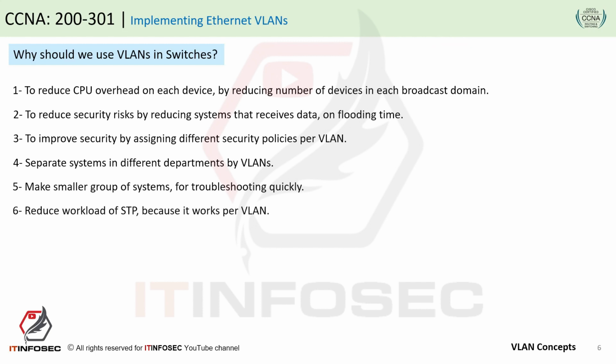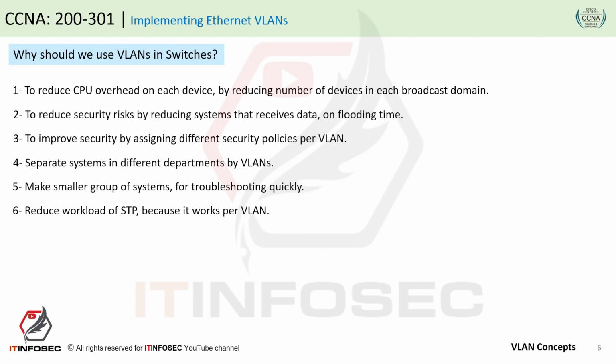Number 6, reduce workload of STP. STP means Spanning Tree Protocol, the protocol for avoiding packets being put in a loop in networking, in switching. It has a special chapter in the CCNA course. We will describe it completely in the next videos.